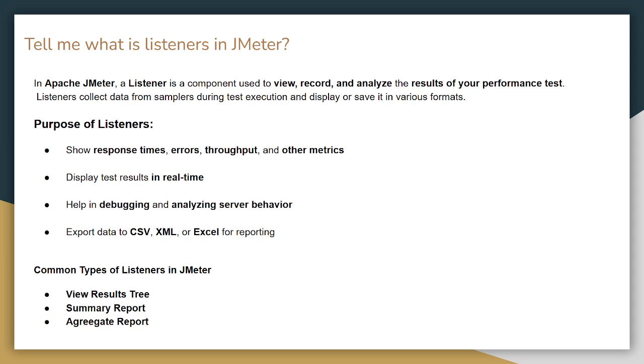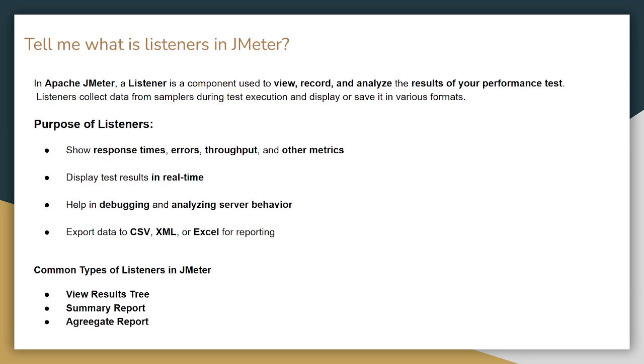Graph Results shows line graphs of average response over time. Response Time Graph shows the response time across threads. Then a tabular view of the individual sample data. Backend Listener sends results to monitoring tools, Simple Data Writer saves results to a file, and there is also Assertion Results. Okay, these are some of the listeners.